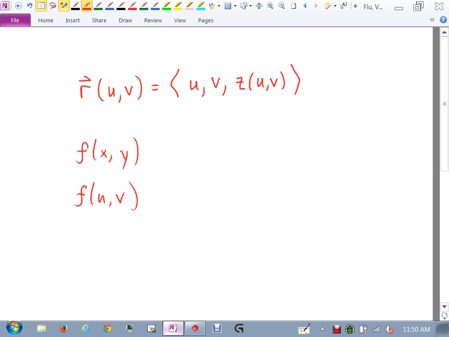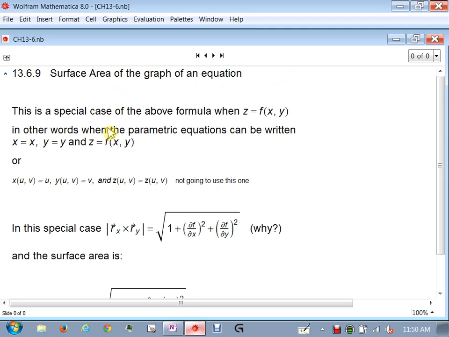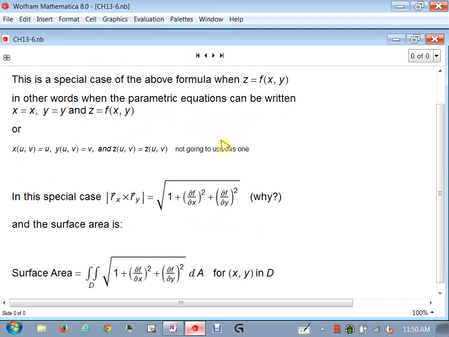Are y'all following that? So if you're actually given z as a function of x and y, then the magnitude of this cross product will turn into the square root of 1 plus the partial of f with respect to x squared plus the partial of f with respect to y squared.